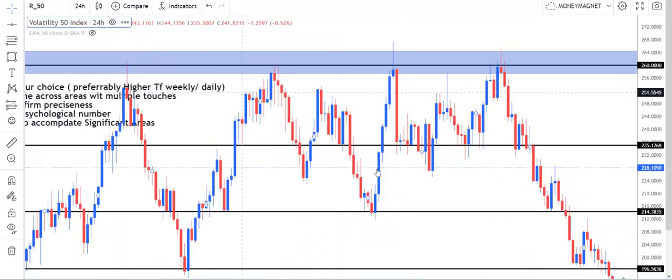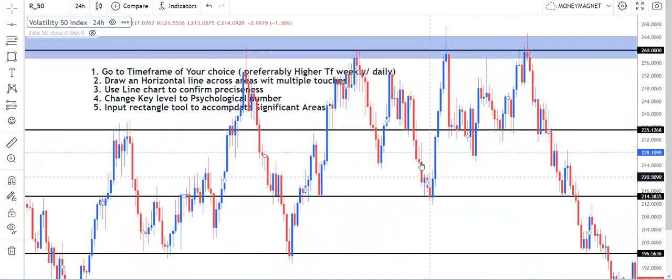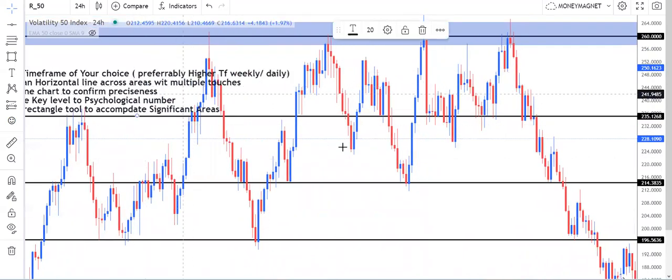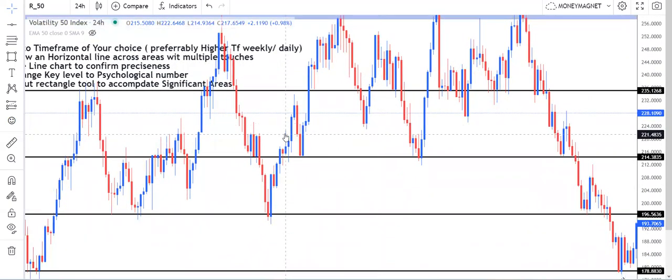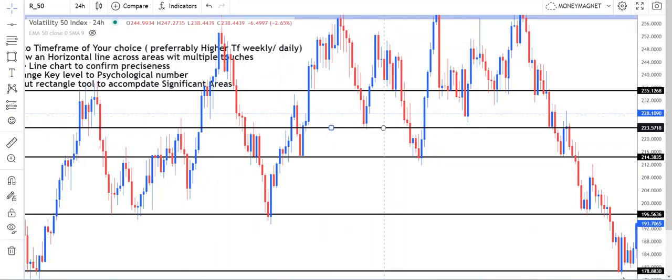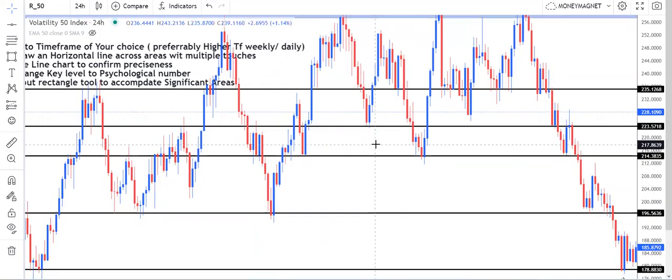And then what other level can we get to identify? Yeah, I think somewhere here. You can see where the touch is right here. But, okay, let me, yeah, I think this is better. I think it's better right here.